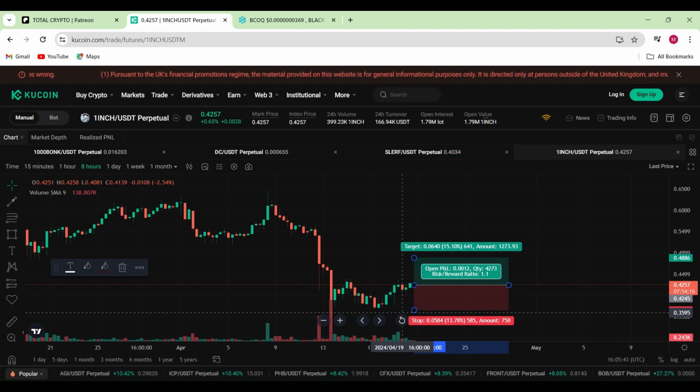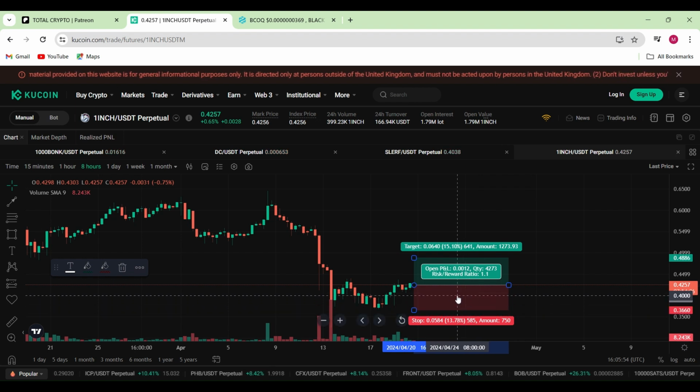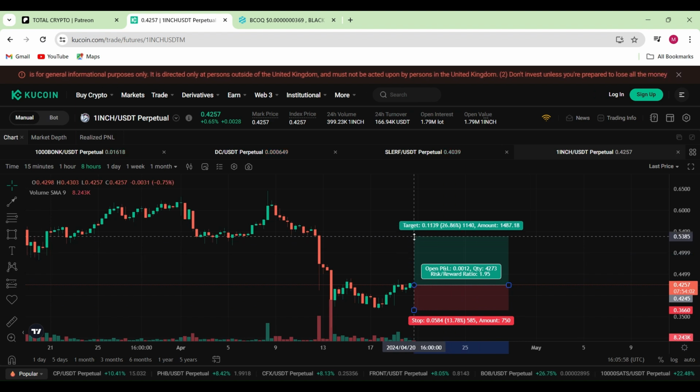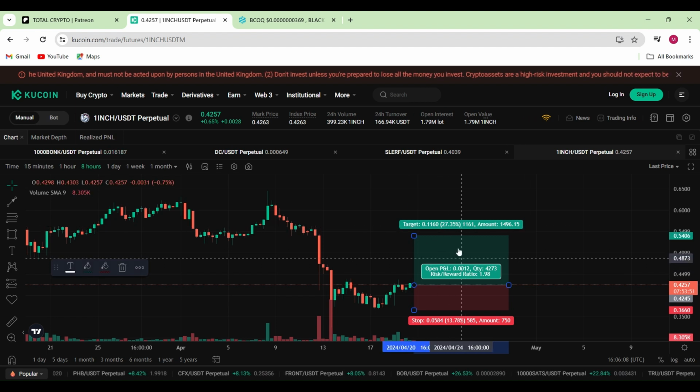And for this one, we're going to do a 3x leverage, which means if it goes down and it stops me out, I'll be stopped out at 39%. Whereas my win would be 27%, that's without the leverage.